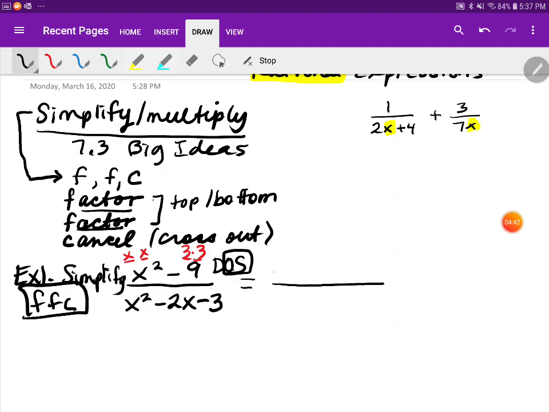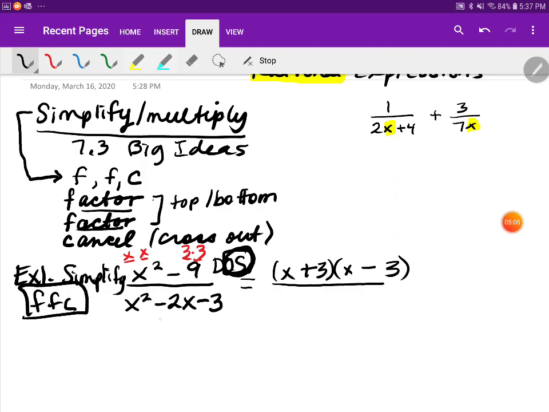The x's go in the front of the parentheses, and the 3's go in the back of the parentheses. And in order for us to not have a middle term, OS stood for opposite signs. So one's plus, one's minus, it doesn't matter which one.